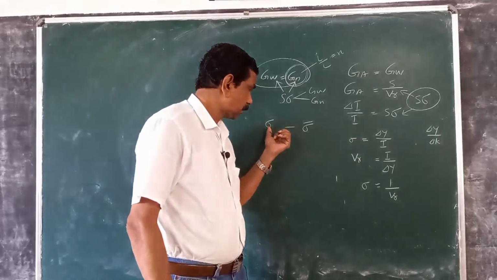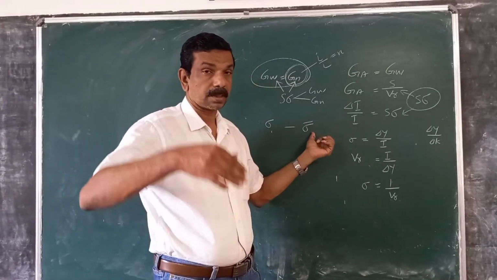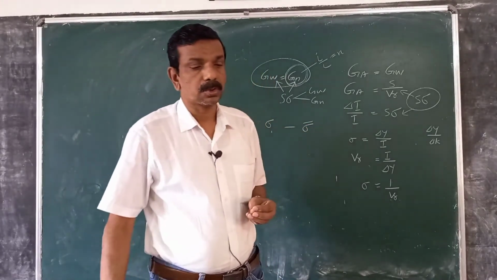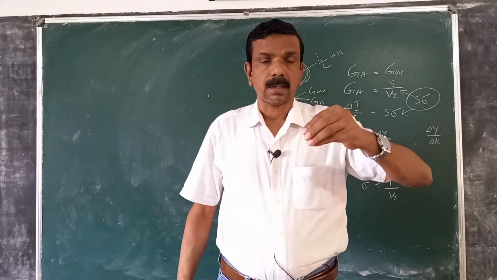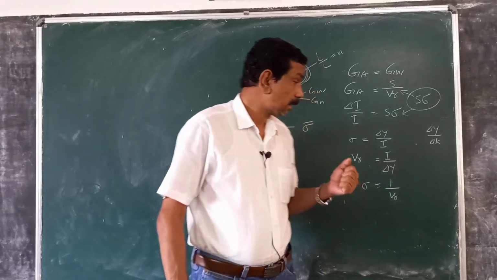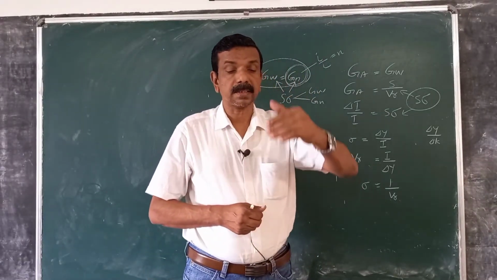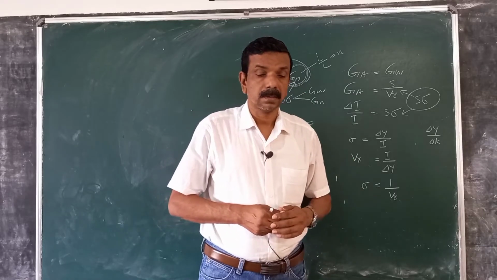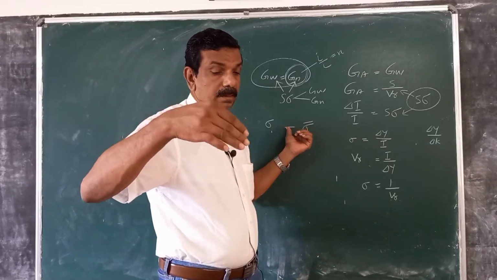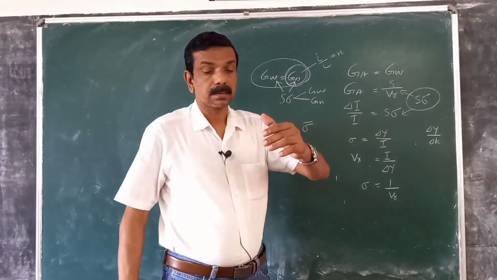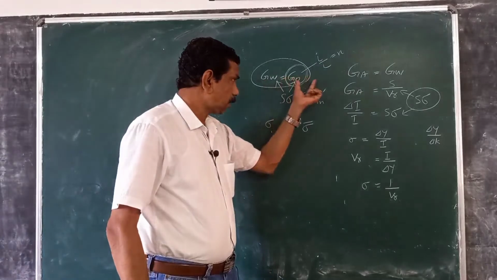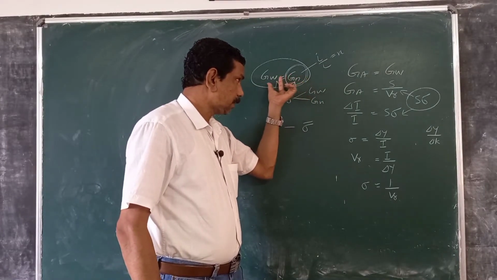So sigma is typically below sigma bar, the potential average investment productivity, due to shortage of other factors. The point is, in the Harrod model, equilibrium growth rate requires GW equal to GN.